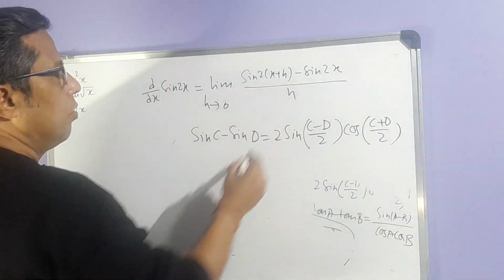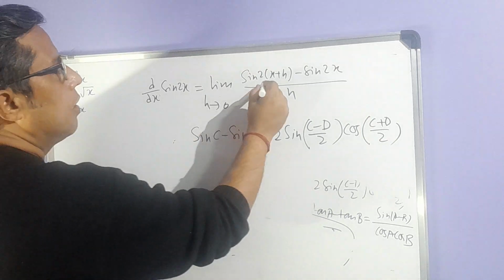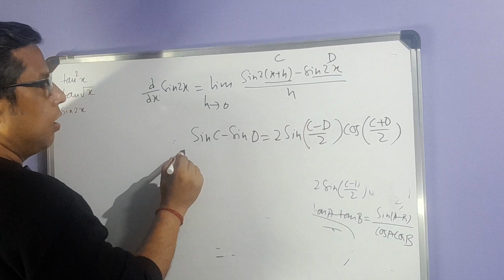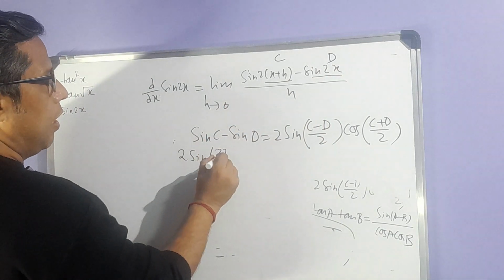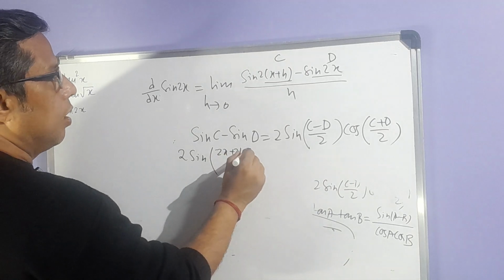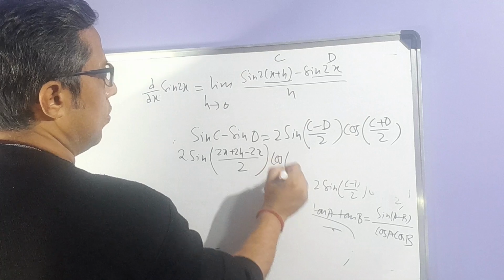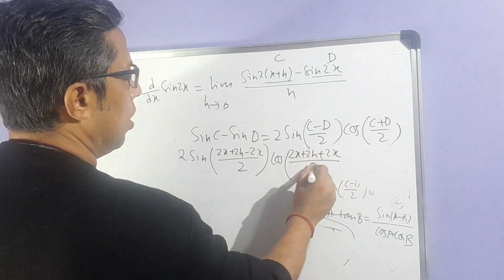Okay. So sine of 2x plus h, let's say this is c and this part is d. So it will be 2 sine of 2x plus 2h minus 2x by 2 and cos of 2x plus 2h plus 2x by 2.